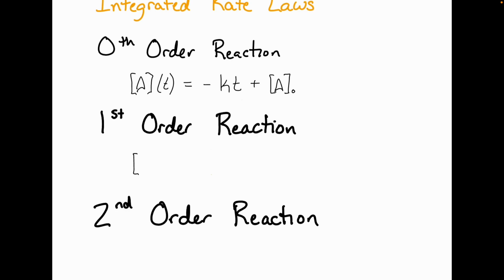For a first order reaction, the concentration of A changes as a function of time where it's the initial concentration times e to the negative kt, that magical number e that appears in calculus a lot.